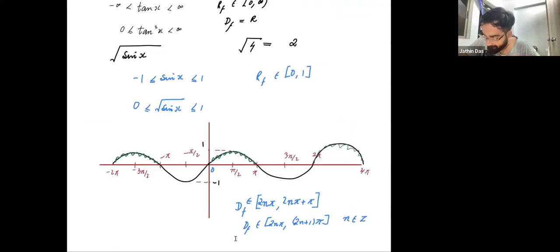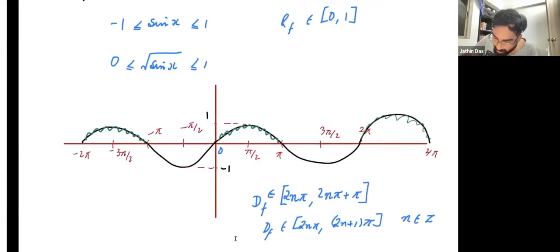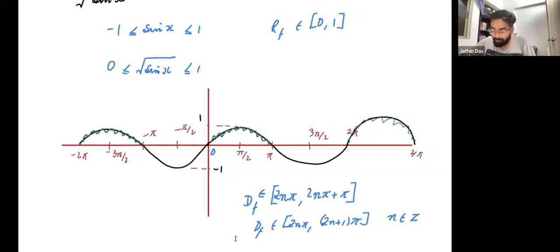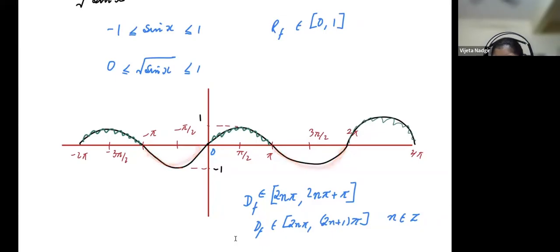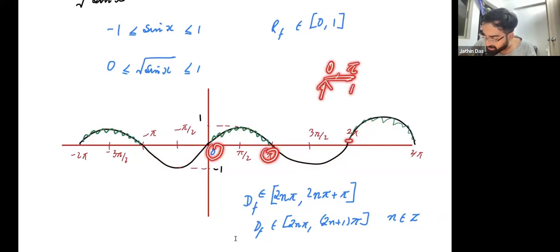So can I explain that domain part? So see, domain means what is inside should be non-negative. That means that should be above the x-axis, because these values are negatives. So all the selected regions. First I'll just take this 0 to pi. Then again I have to add 2 pi to both of them. Sorry, this is not 4 pi, this should be 3 pi.